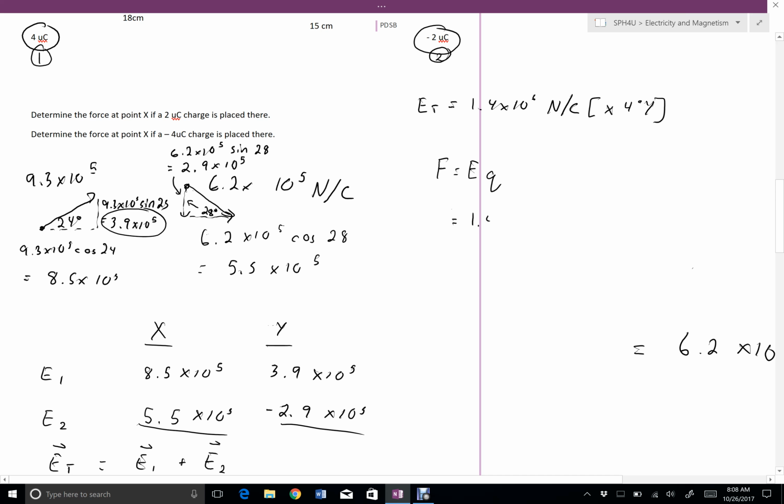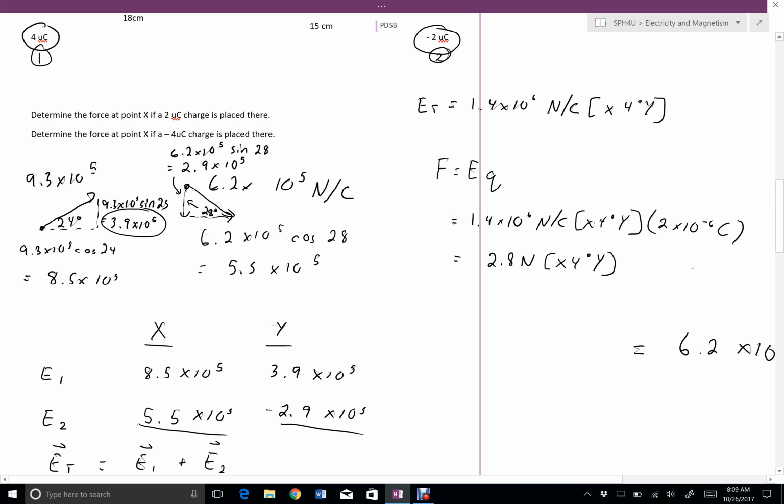So if I have 1.4 times 10 to the 6 newtons per coulomb, x, 4 degrees, y, and I multiply that by my charge of 2 times 10 to the negative 6 coulombs, then I can come up with my actual force, which will be 2.8 newtons, x, 4 degrees, y.